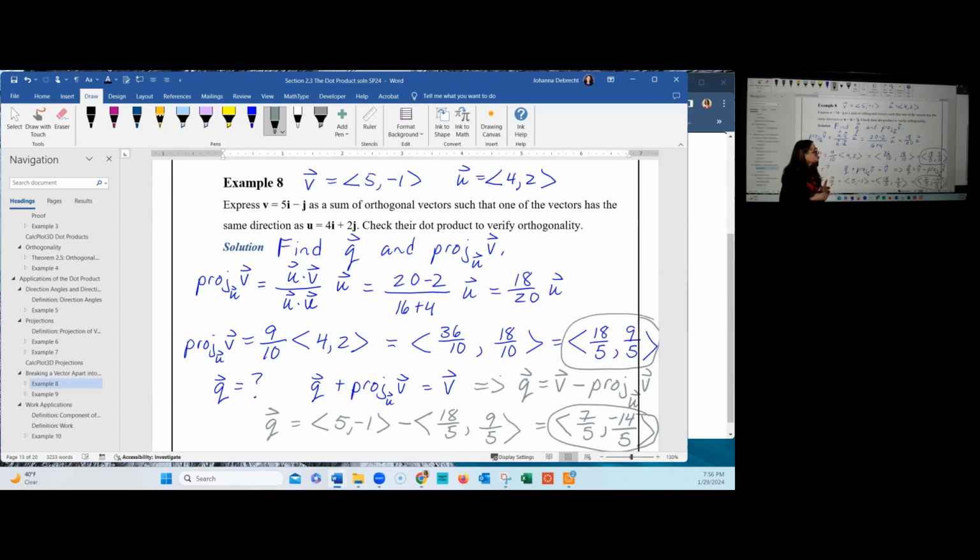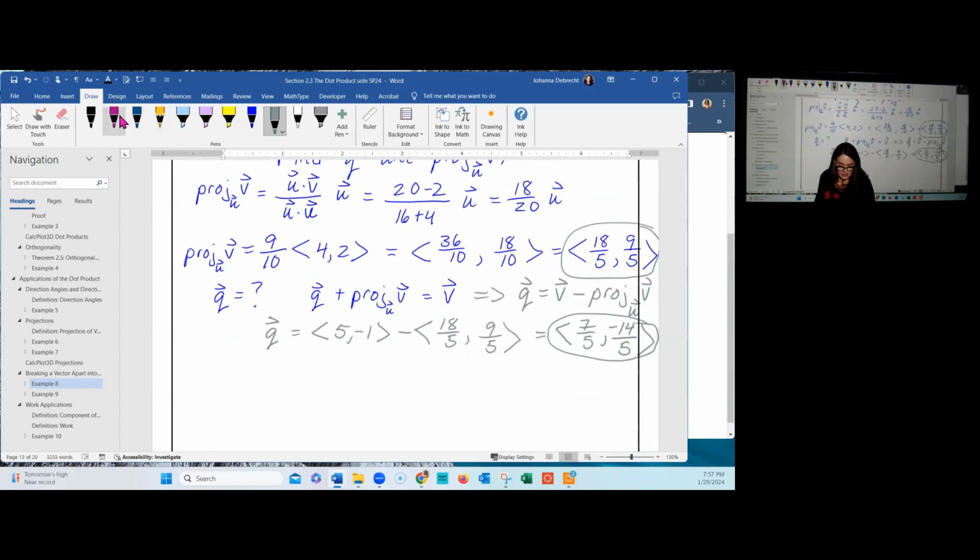Now, the last part of this question is to verify that these are orthogonal to each other, that they are in fact perpendicular. So how do I prove that they're perpendicular? To prove that, I need to take their dot product and show that it gives you 0.